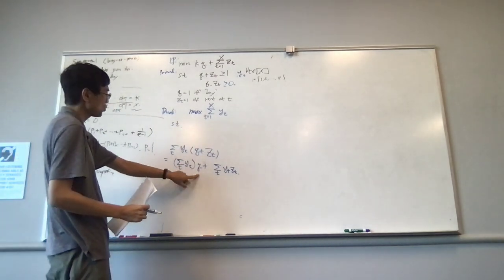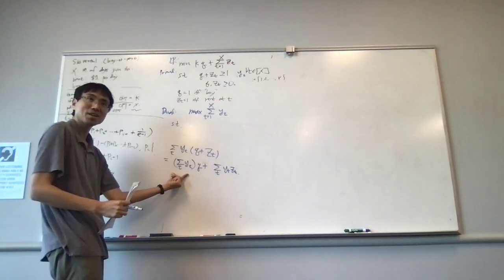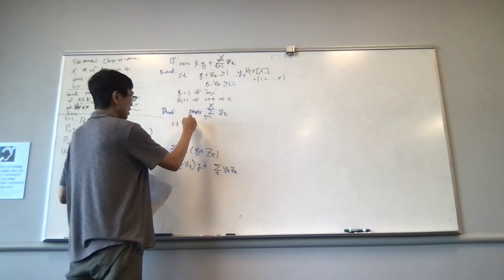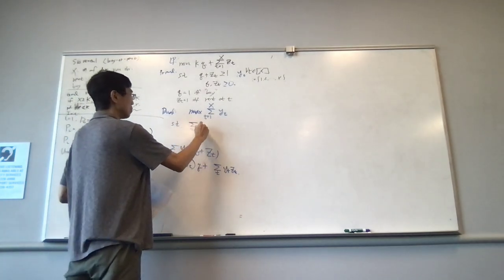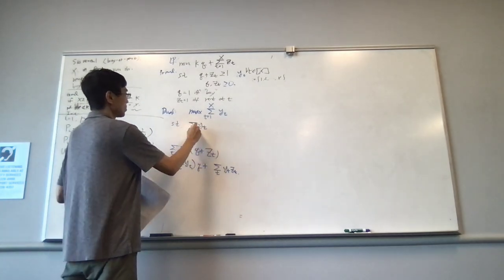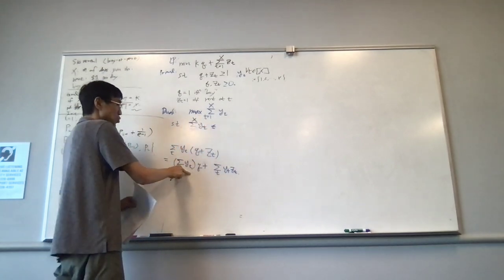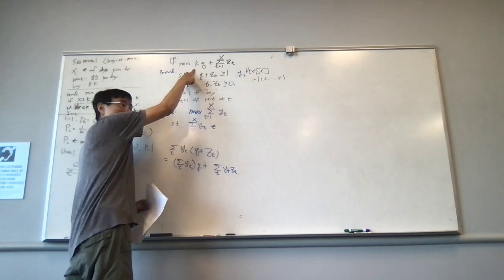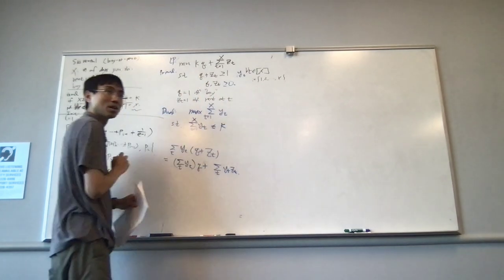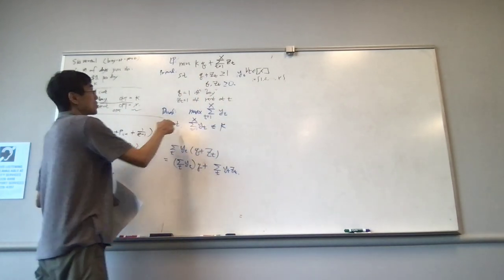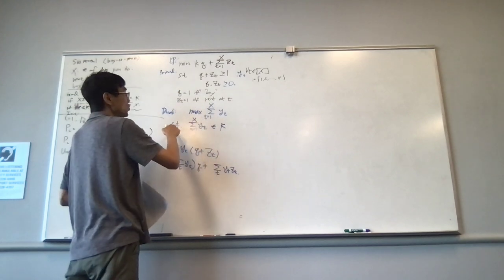The coefficient of Q is the sum of y_t from 1 to x, and this should be at most k. This comes from the variable Q.